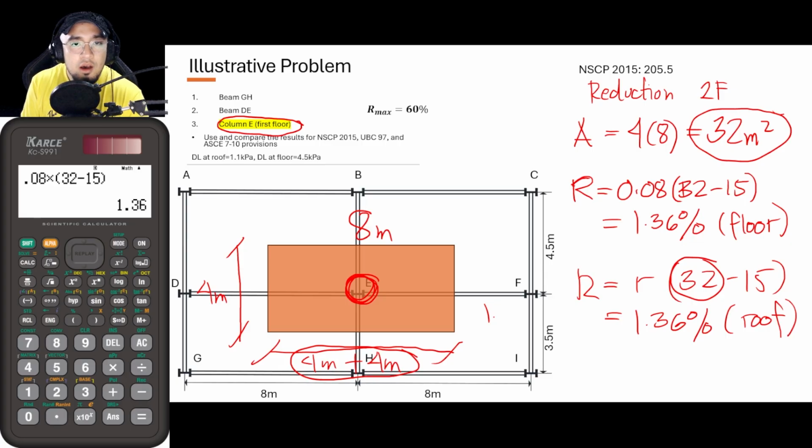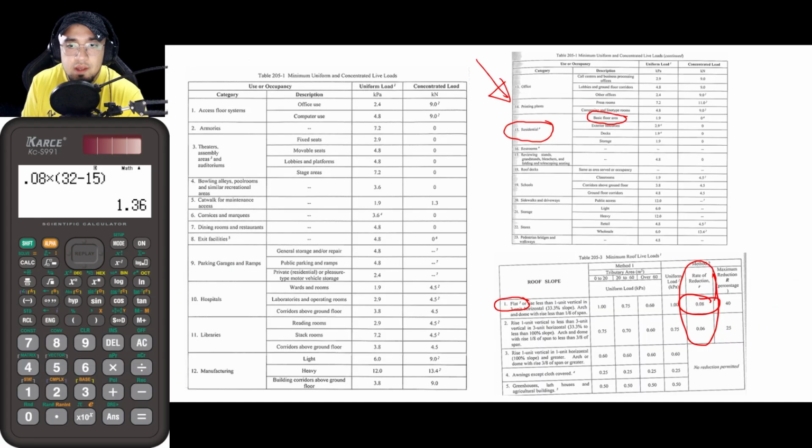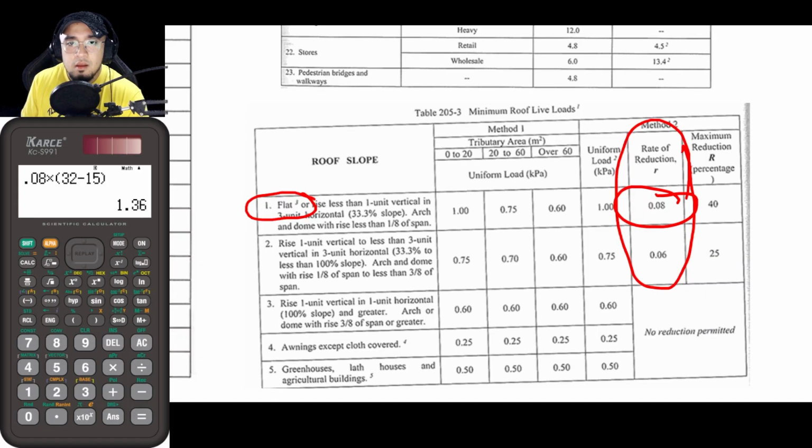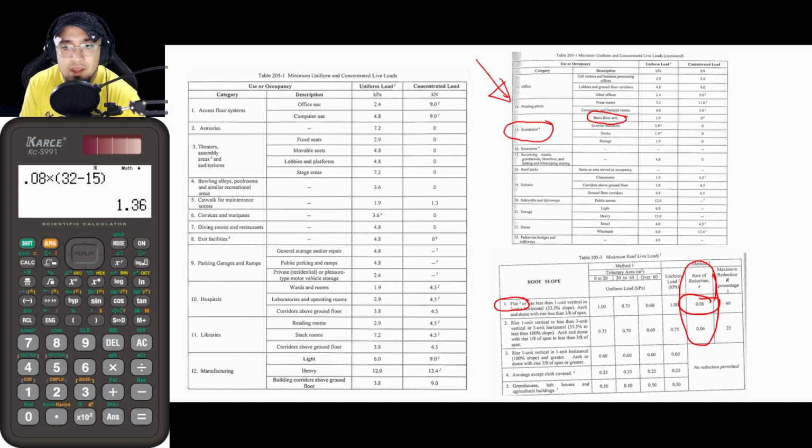However guys, yung live load po, so for the live load for the floor, lagyan ko dito, live load for second floor, 1.9 po yan. But for the live load at the roof, going back to this table, the live load that we will be using here, pagbabasan po natin is method 2.